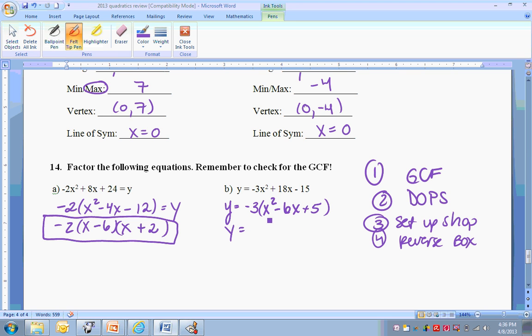So I can now continue to factor what's inside the parentheses. And I just keep bringing that negative 3 down. I set up shop since there's not a number in front of x squared. And I need two numbers that multiply to positive 5 but add to negative 6. And that's negative 5 and negative 1. And now this equation is completely factored.